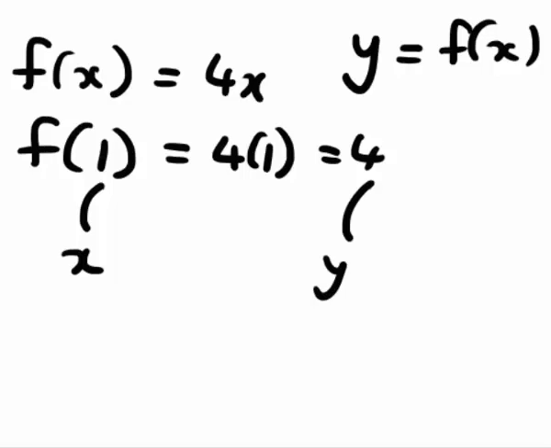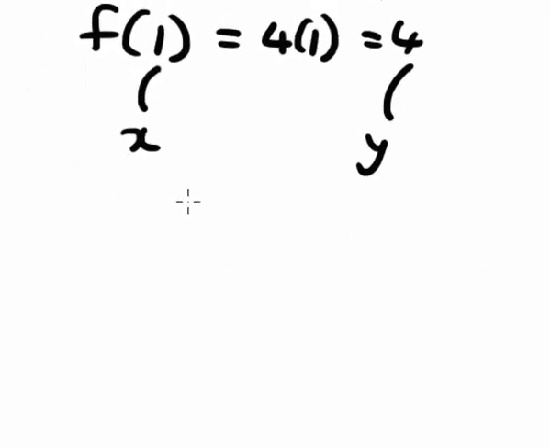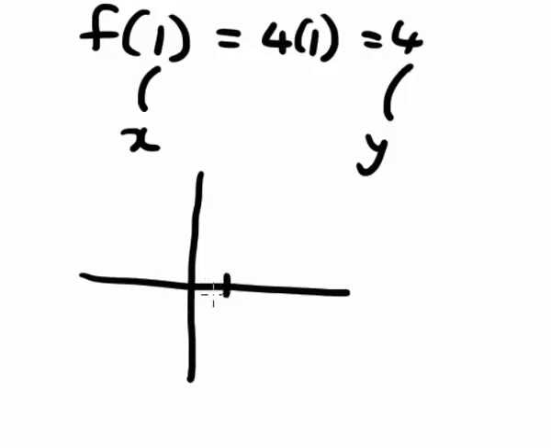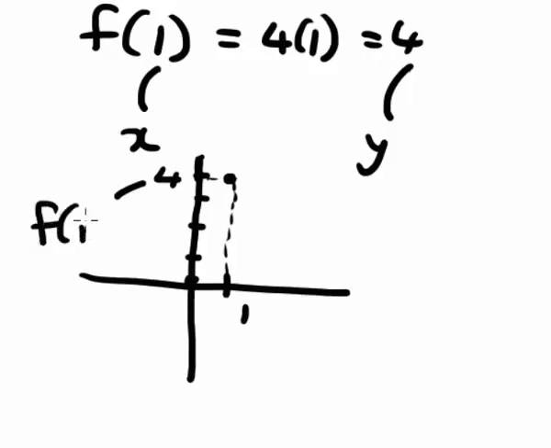And when you represent that on a graph, it's important to understand this. If x is 1, 1, 2, 3, 4, the y value is 4. So if x is 1, what is your y value? Your y value is 4. So remember that the 4 is the f of 1.